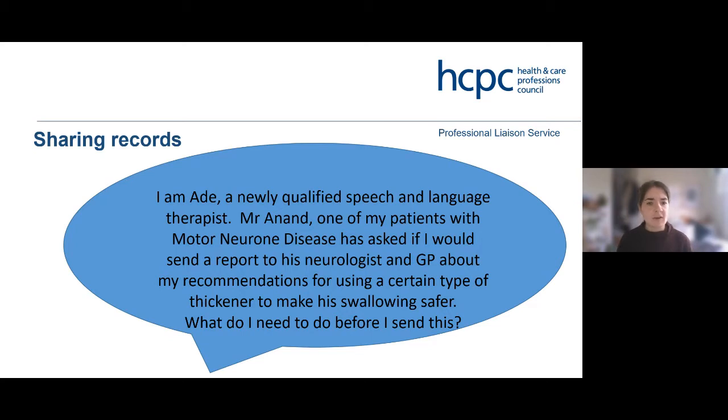Even in instances where you don't have explicit consent, it's really important to follow best practice when you share information. You should ensure that all the information you share is always done in the best interest of the patient. You should try to obtain consent where possible and where appropriate. You should only share information that is necessary and relevant, so keep it to the minimum necessary.